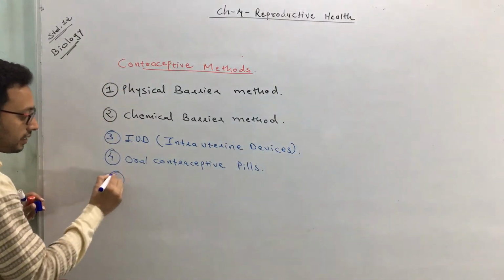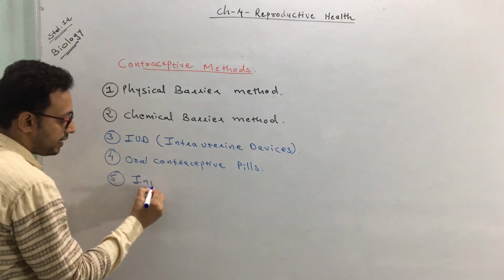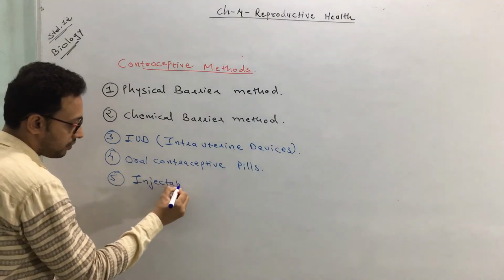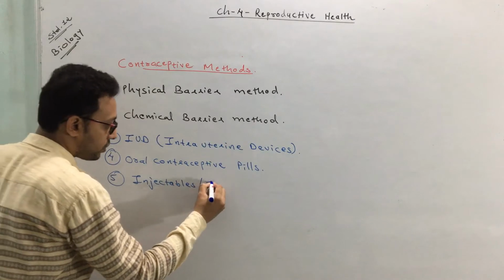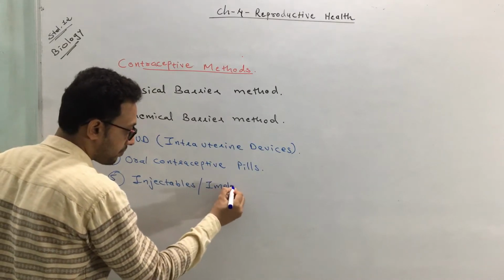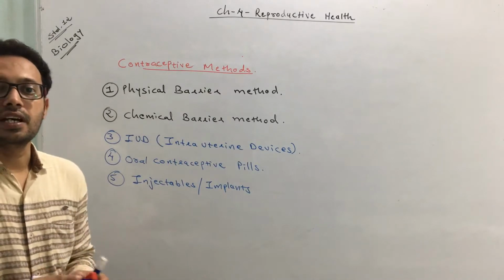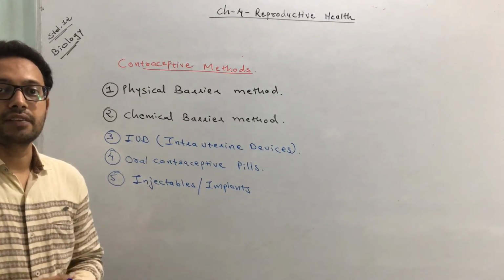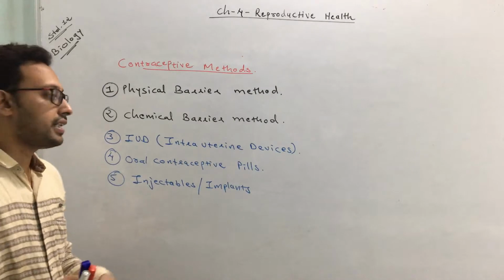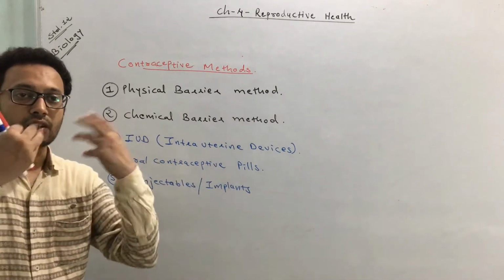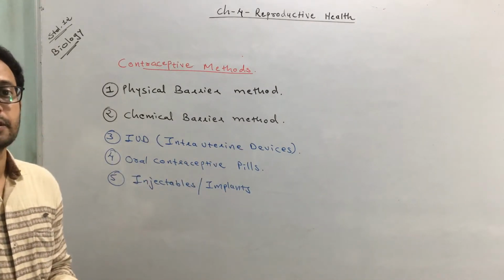The fifth method is called injectables, or implants. In the oral contraceptive method, we are giving a tablet in the form of pills that is taken orally, which prevents conception.